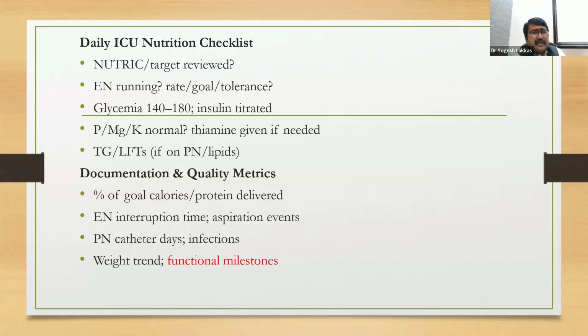Documentation and quality metrics: percentage of the goal of calories and protein delivered, enteral nutrition interruption time, and aspiration events also documented. Parenteral nutrition catheter days will matter. Infection you will have to observe clinically. Then weight trend and functional milestones will play an important part that you will be assessing in day-to-day clinical rounds.